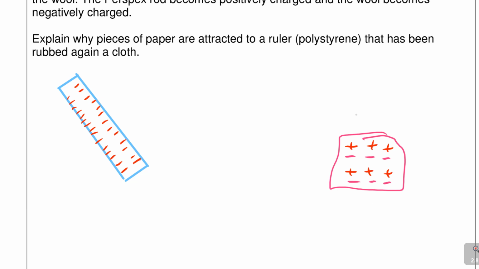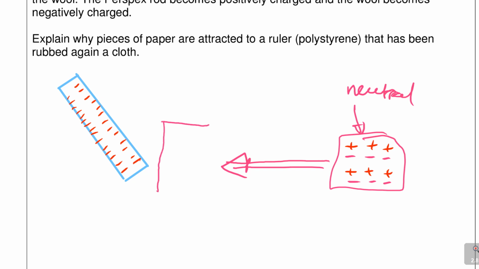This paper was neutral. Now we are going to bring this paper closer to the ruler. The moment you bring it closer without touching, the paper is here now.